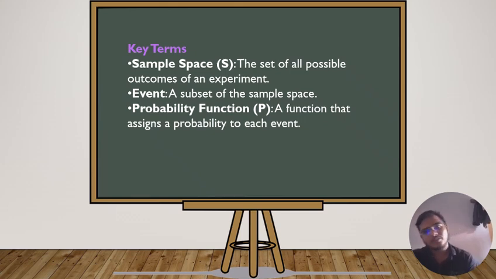If the sample space has head and tail, and A is head, then A is a subset of S. Probability function P: a function that assigns a probability to each event.